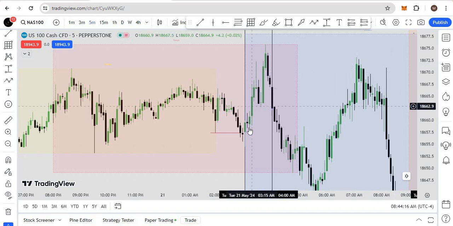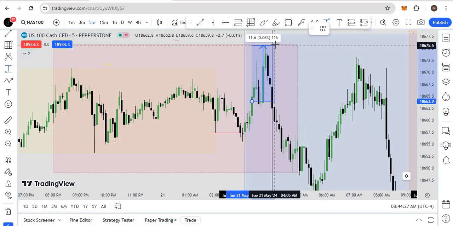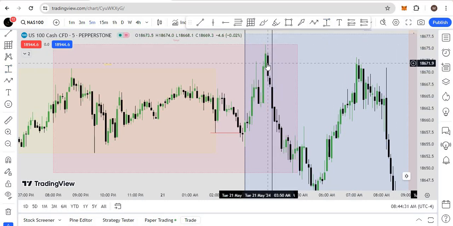Why? These setups are like 15 handles, 5 handles, or 15 pips or 20 pips. As you see here, from our entry to target is almost more than 10 handles. ICT suggests just taking 500 or 800 per day on this 1 hour time frame window, and that will be enough for you.